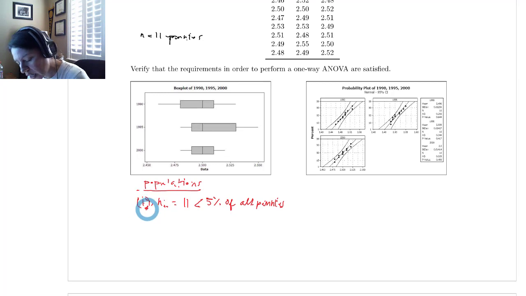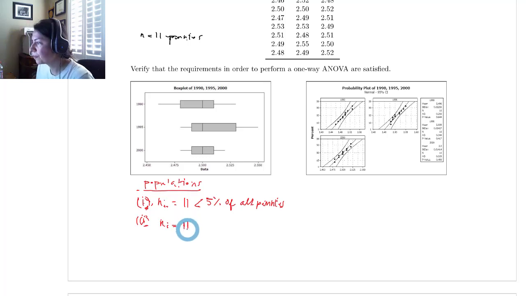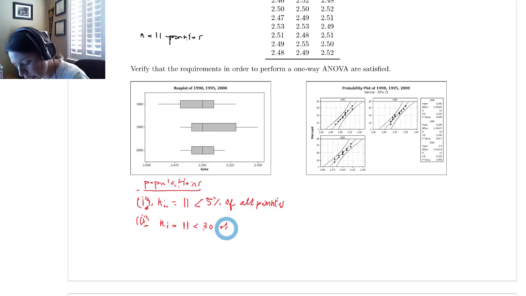The other one was the sample size. Remember that n sub i is 11, and that is less than 30. So we say, oh no, and what do we usually need? We usually need a box plot and a normal plot.